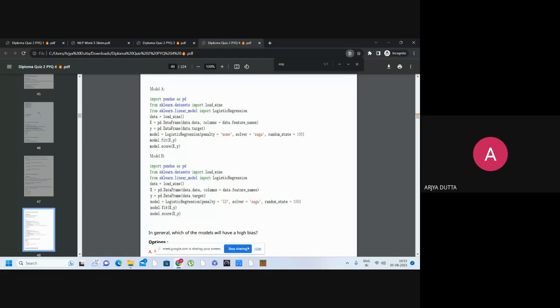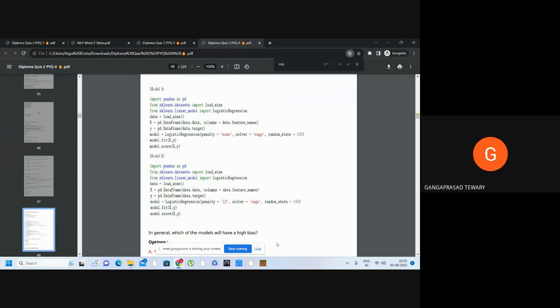Because you regularize, the model's variance will go down; it will not overfit, basically. So it will have low variance. It can have high bias. Yes, bias will increase.